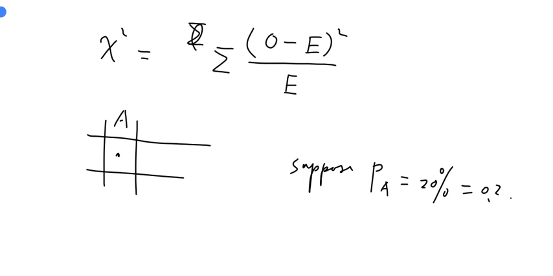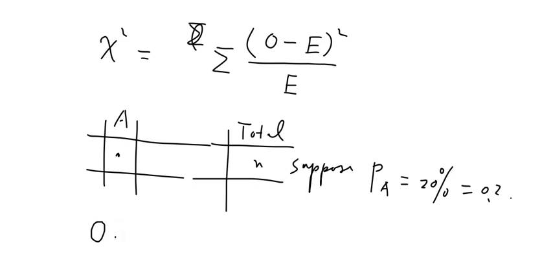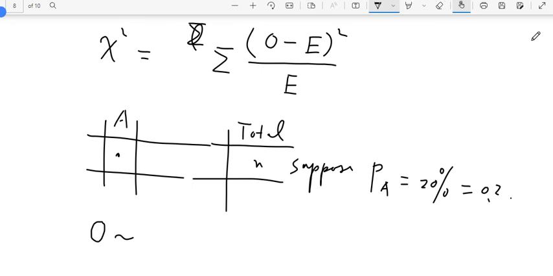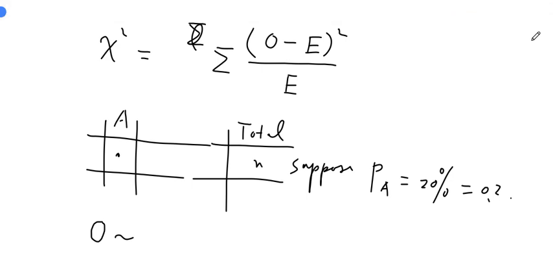Suppose that in total we have n students. Based on the percentage of 20%, how many students got A?